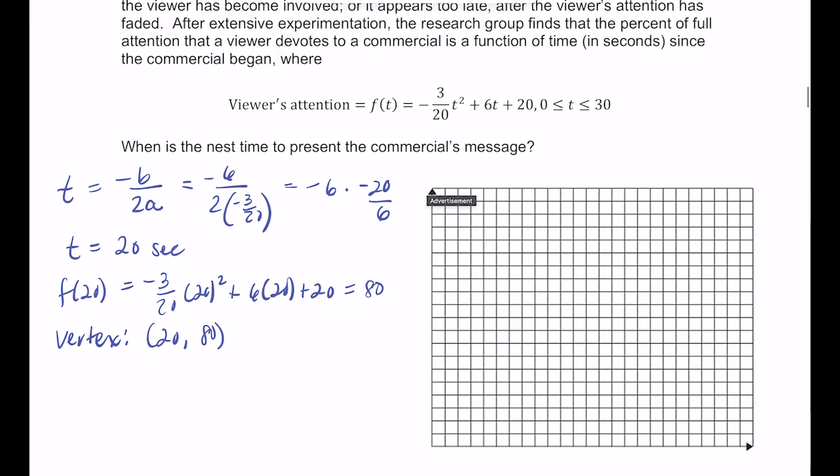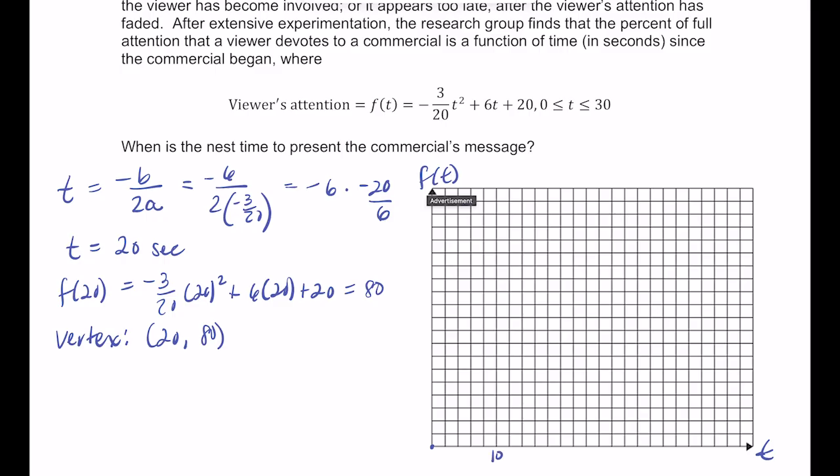So if I was to graph this, I have time on my horizontal axis, and then I've got my viewer's attention on my y-axis, which is just f of t. And let's count by 2's along the horizontal. So each one of these stands for 2. So 2, 4, 6, 8, 10.